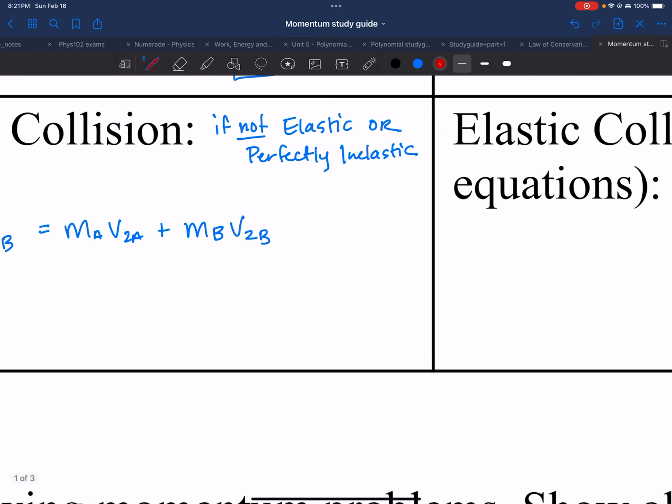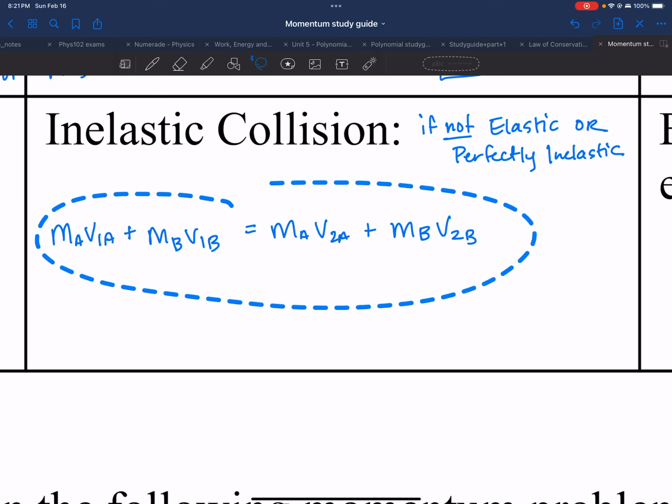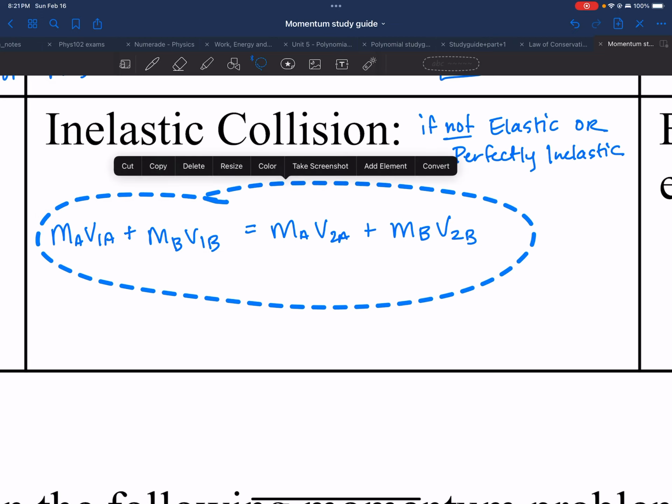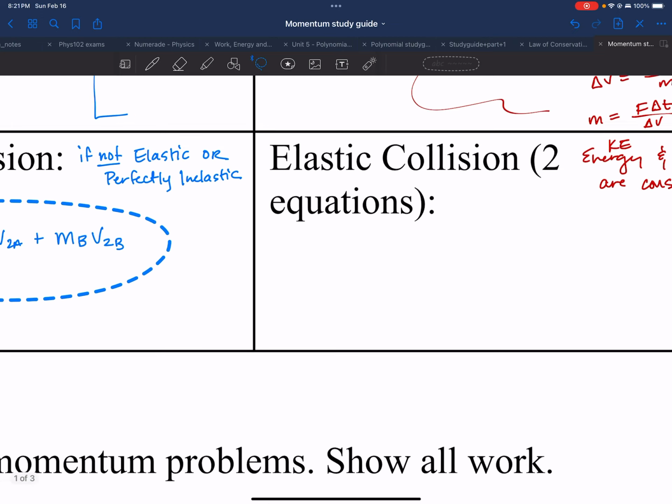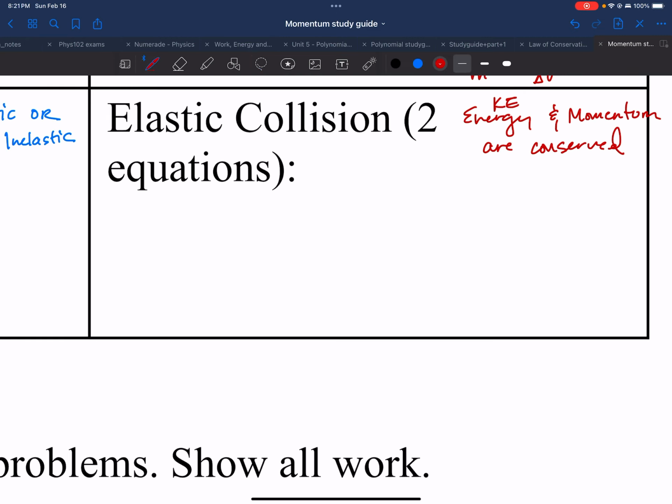So we have this equation that we've already written. I was going to copy it and paste it here, but it's not going to let me, so let's write these out.